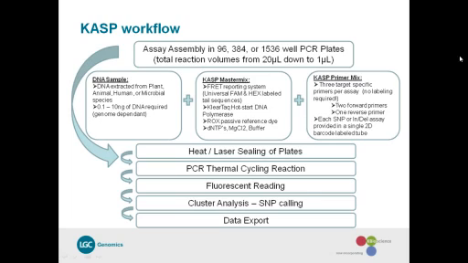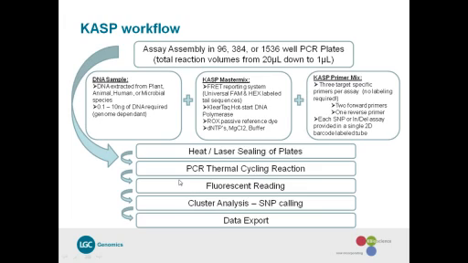So this is just an overview of the KASP workflow. Again, the assay assembly is done in 96, 384, or 1536 well plates. In our service lab, we do everything in 1536 well plates using water bath thermal cycling technology. The assays can go from 20 microliters down to 1 microliter. You've got your 3 components: your DNA sample, your master mix, and your primer mix. You heat seal the plates and do your thermal cycling reaction.